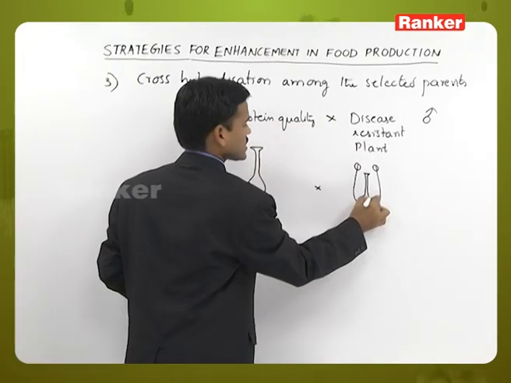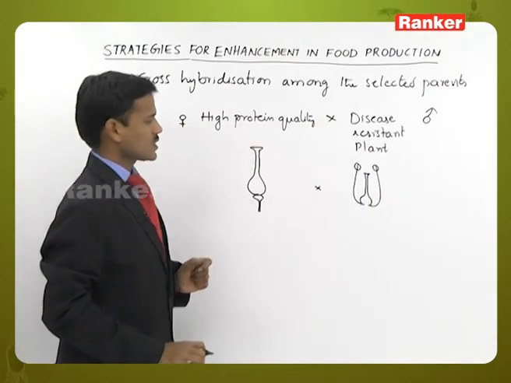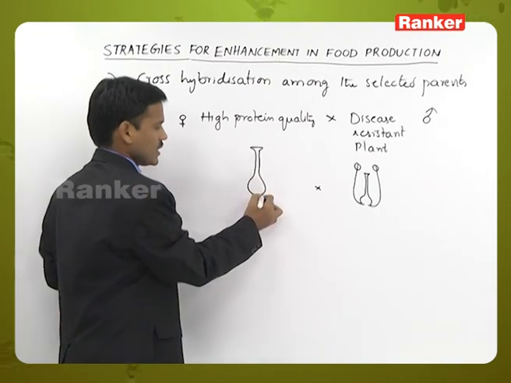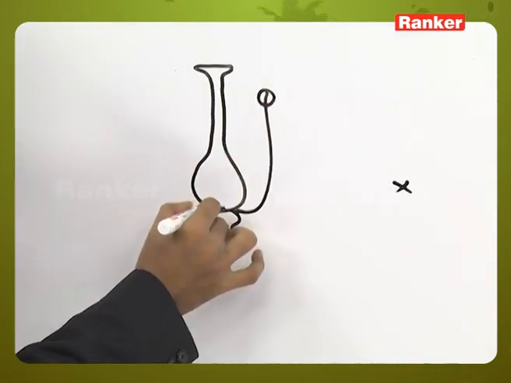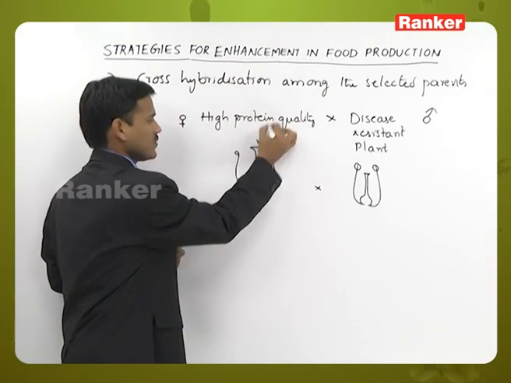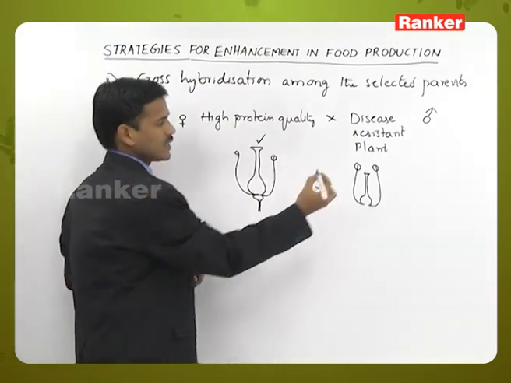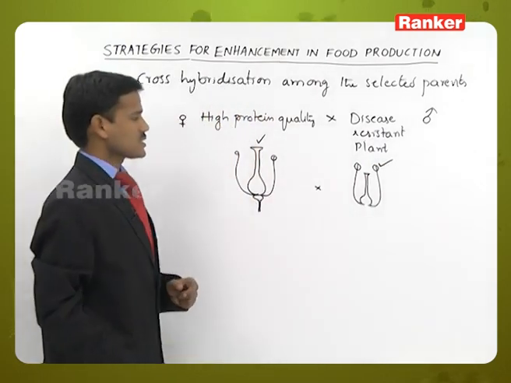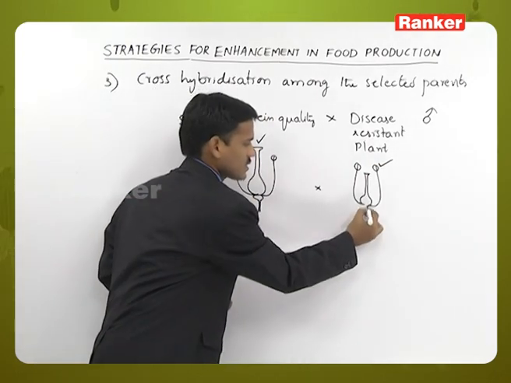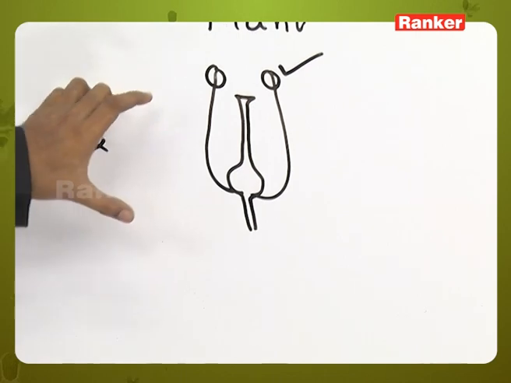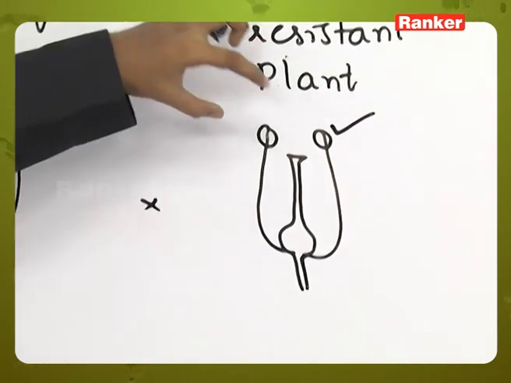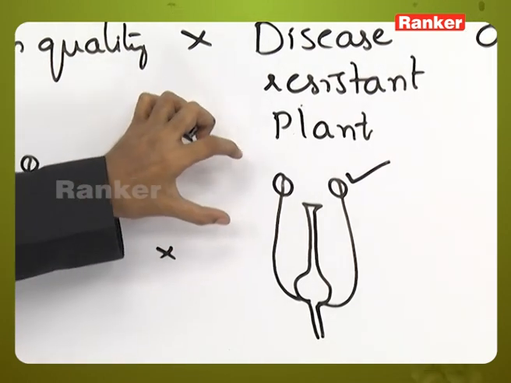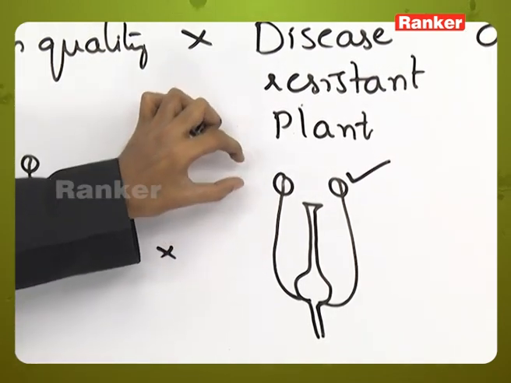But some plants have bisexual flowers. Here also it may be a bisexual flower, but in the female parent we need only the female sexual organ, and from the male plant only the male sexual organs are useful.